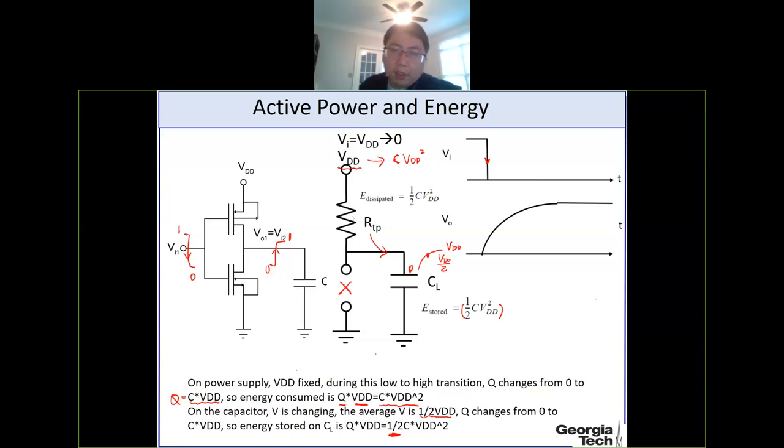The heat energy you generated is this half C VDD squared. So this is the energy you consumed, and the other half of the energy, half C VDD squared, is temporarily stored on this capacitor. So this is a half cycle of the clock.